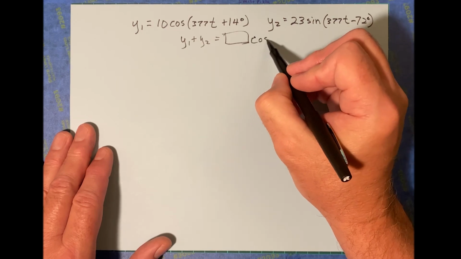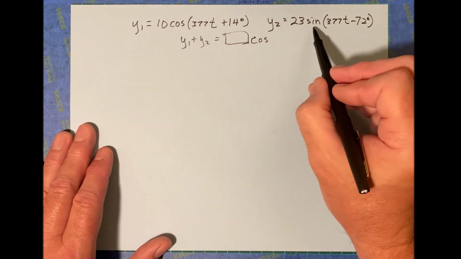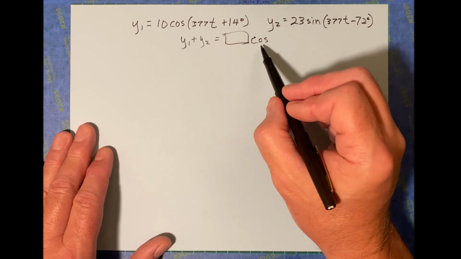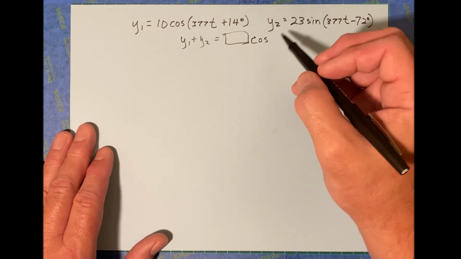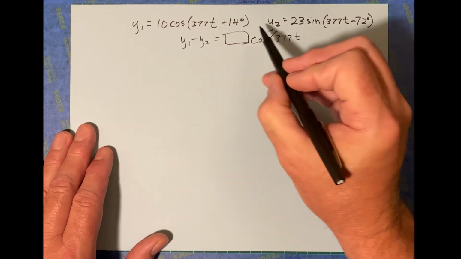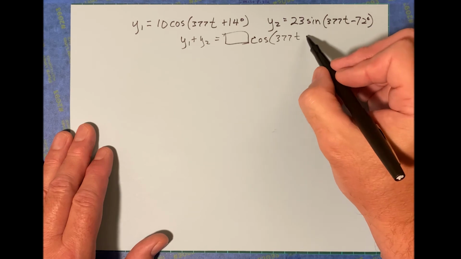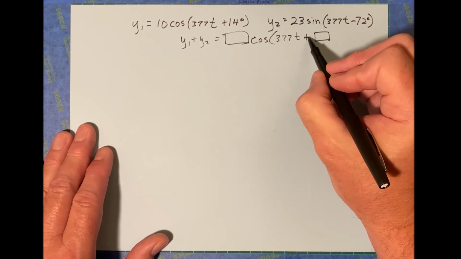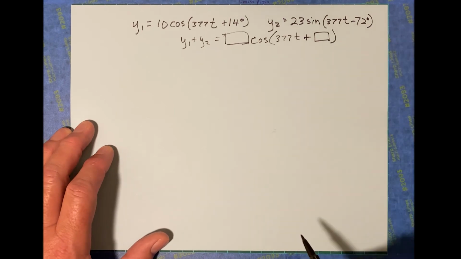Now notice I've got a cosine here and a sine here. I need to pick one. I'm going to pick cosine, just because we've been doing that. Times 377t, the omegas will remain the same, plus some phase angle, and I don't know if that's going to be positive or negative, but the phase angle is going to go right there.